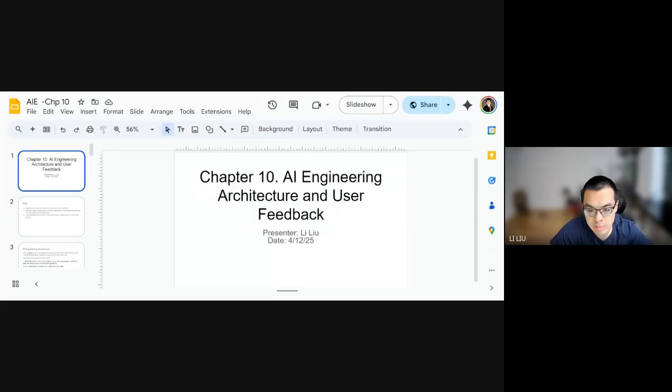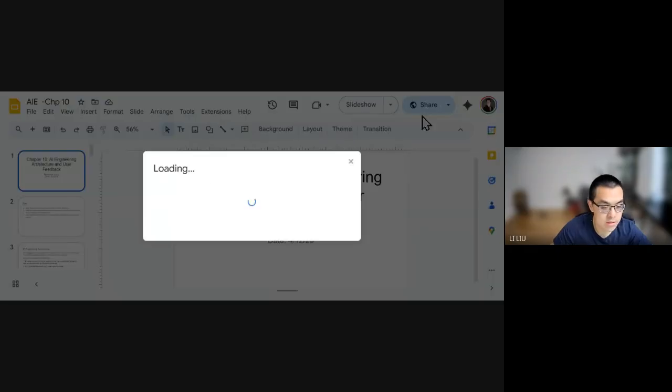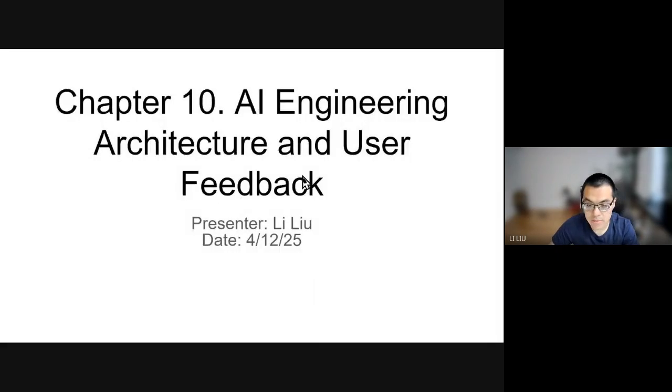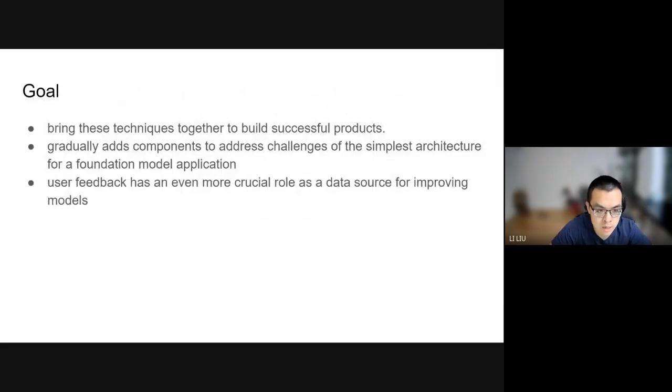Today, we are going to talk about the last chapter in the book, AI engineering architecture and user feedback. There are three goals that we want to achieve in this chapter. The first is that we want to bring these techniques together to build successful products.